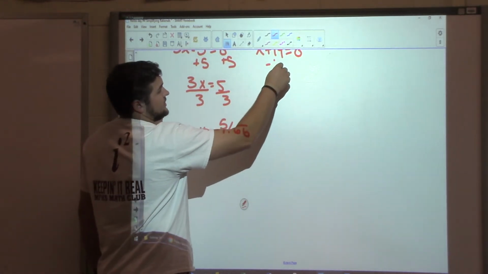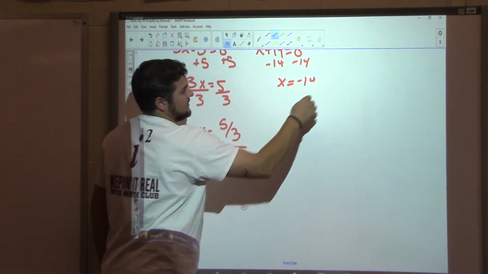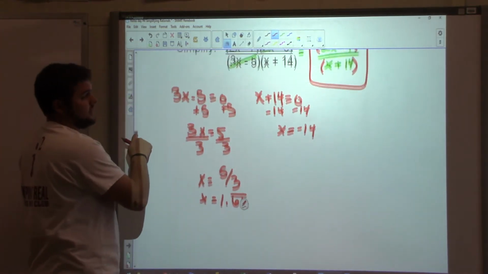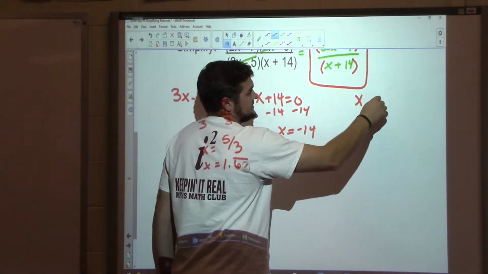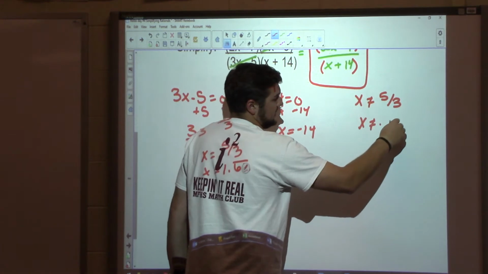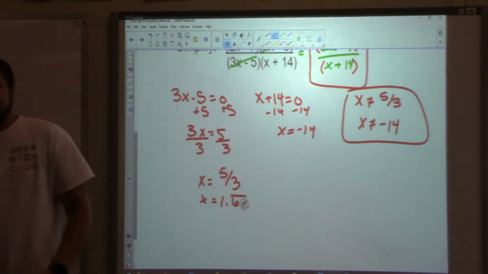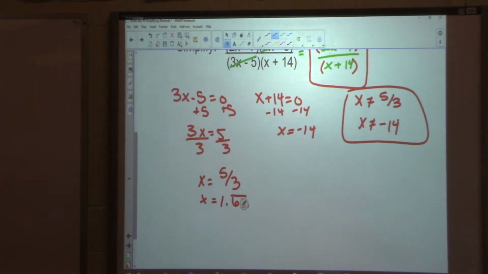So my other one, subtract 14, x equals negative 14. So those are my two restrictions. So when I write them, I'd write x cannot equal 5/3, x cannot equal negative 14. And I'm done for that problem. Okay? That make sense?